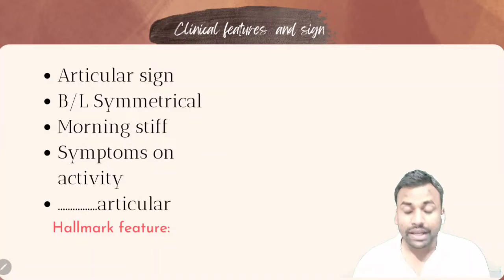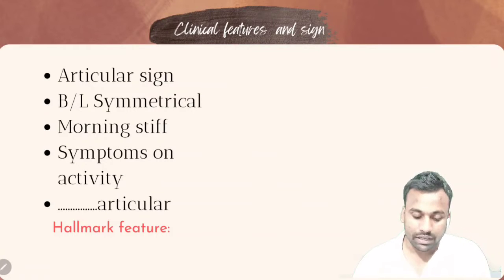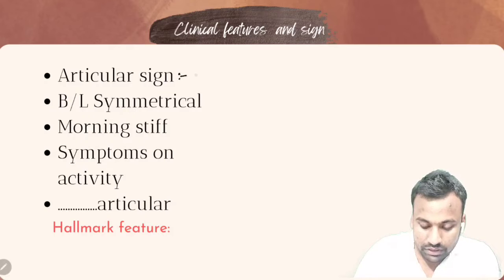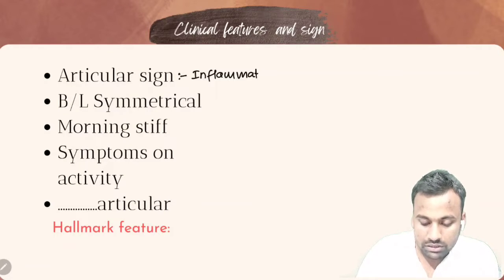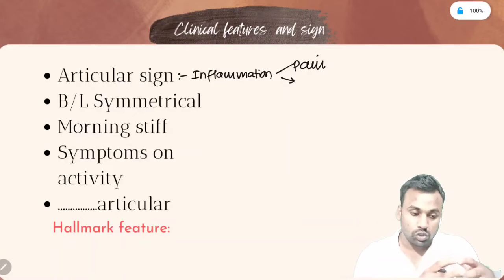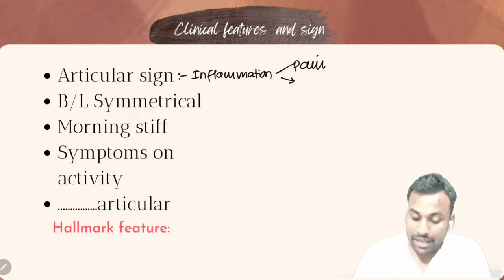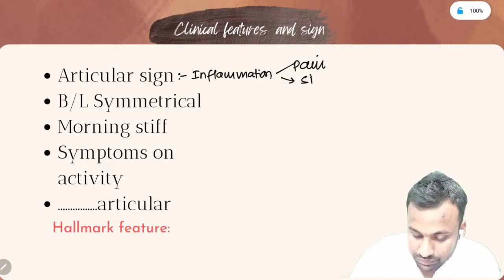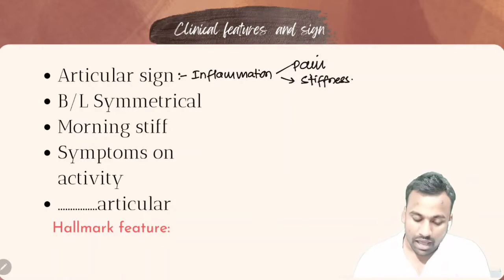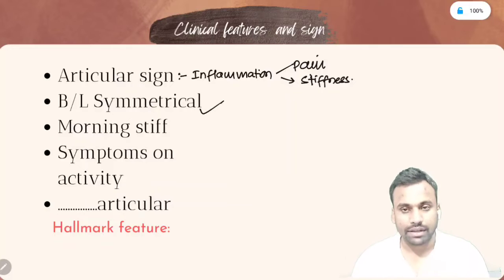It can give the articular signs. What does it mean? Articular signs mean signs of inflammation, where the patient may have pain, and sometimes stiffness in the joint. There is mainly bisymmetrical joint involvement.